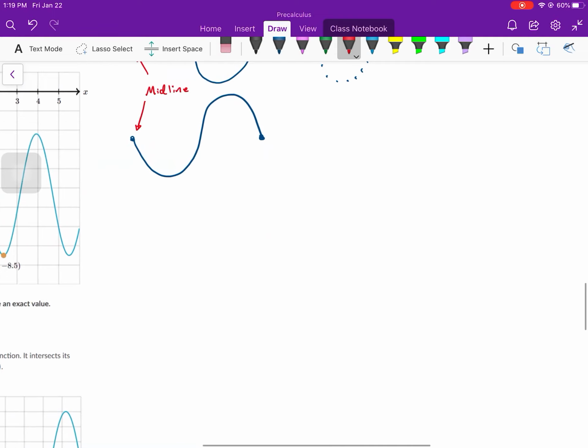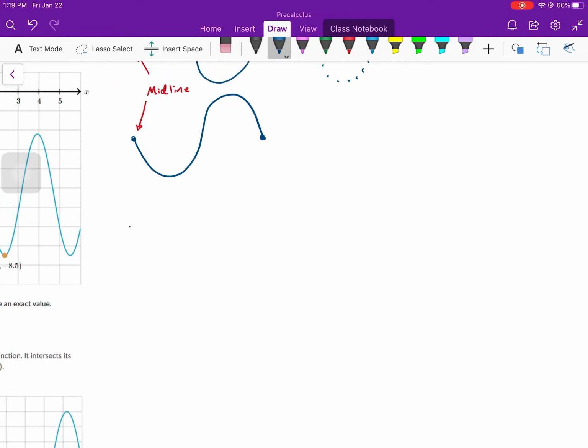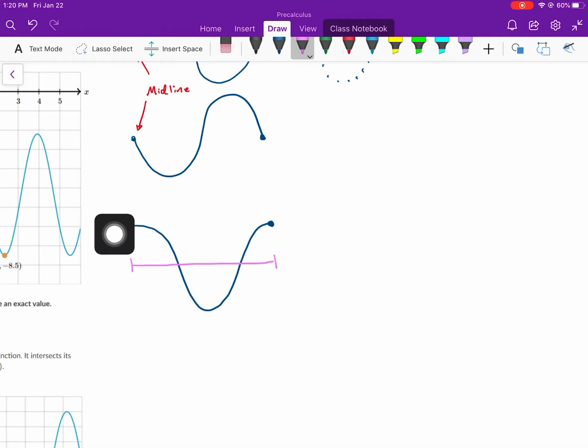What if they start you on the maximum? If they start you on the top, then you need to go all the way to the valley and then end on the maximum. That'll work as the period as well. So if you're starting on the top, you need to end on the top.